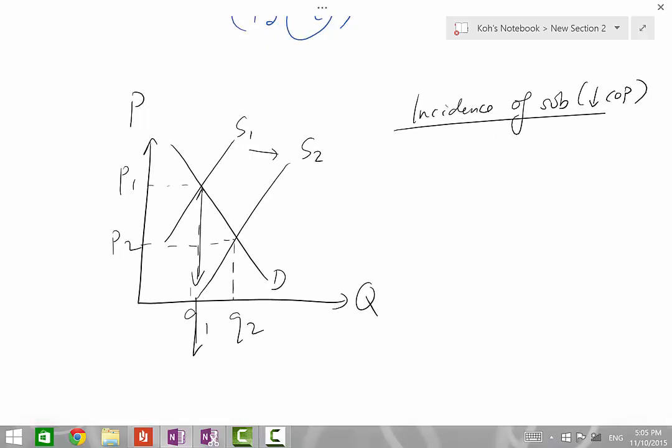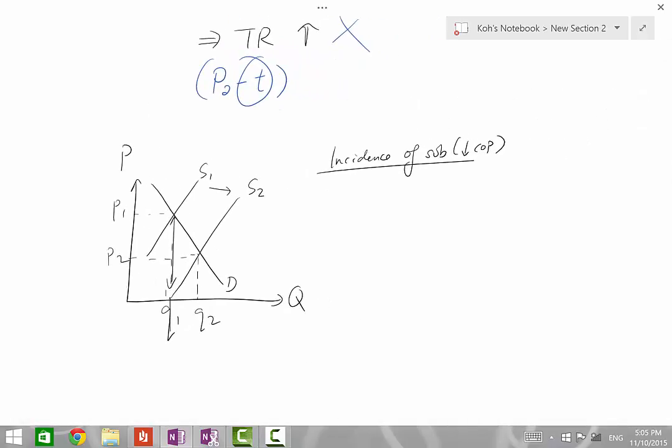Why? In considering the incidence of a tax or a subsidy, you should always focus on the new equilibrium quantity, not the old one. The old one is what you see before the subsidy. So with a subsidy, you should always consider from Q2. But students are naturally a bit hesitant to look at the incidence from here, because you're extending a line into blank space.